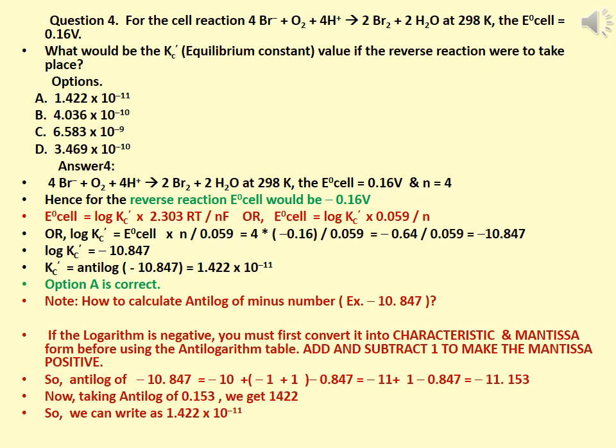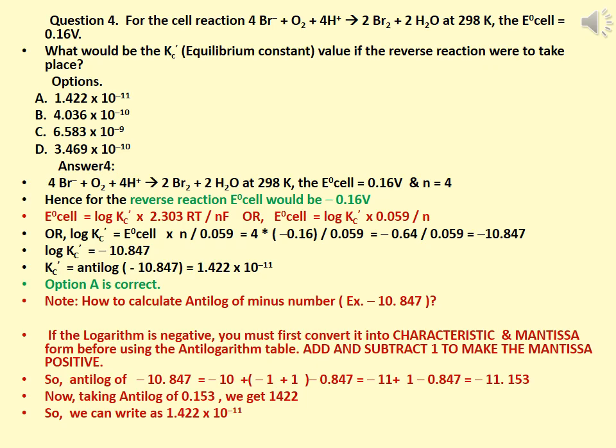If you look at the cell reaction taking place, bromide ions are getting oxidized to bromine and O2 is getting reduced with H+ ions to water. So 4Br- loses 4 electrons and these 4 electrons are picked up in the reduction, while Br- gets oxidized to Br2.